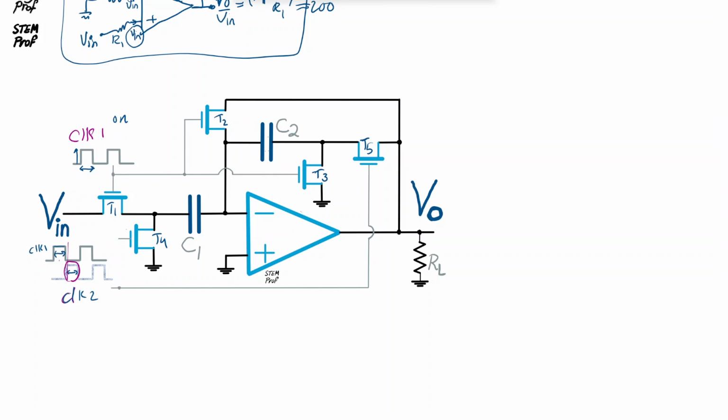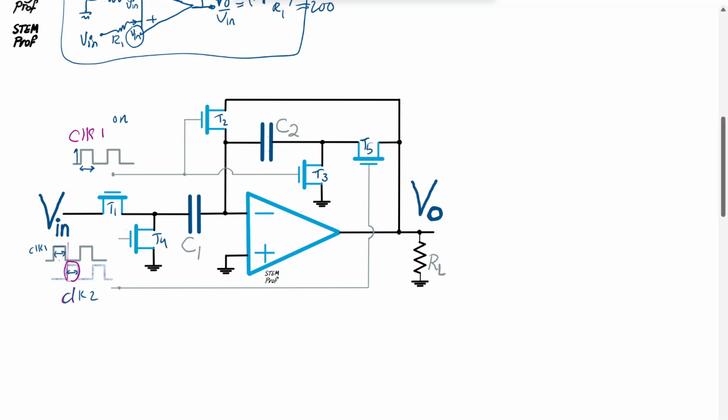Okay, I'm going to disconnect the gate of transistor T4, or the switch T4, from clock 2, which it was connected to here, and I'm also going to disconnect T1 from clock 1.